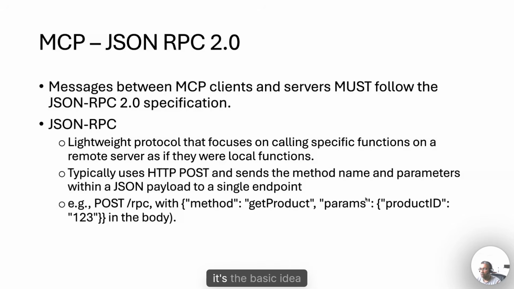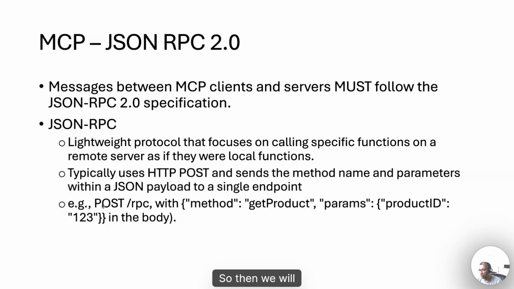So it's the basic idea about this JSON RPC2, right? For example, let's say we want to call a remote procedure using JSON RPC2.